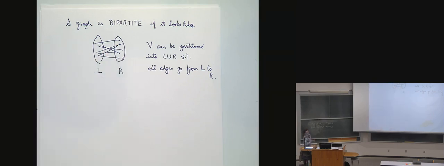But suppose I just gave you an adjacency list. How do you know the graph is bipartite? How do you determine if a graph is bipartite? And actually you can do it using BFS.